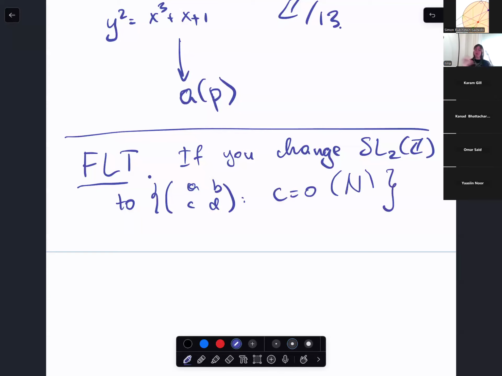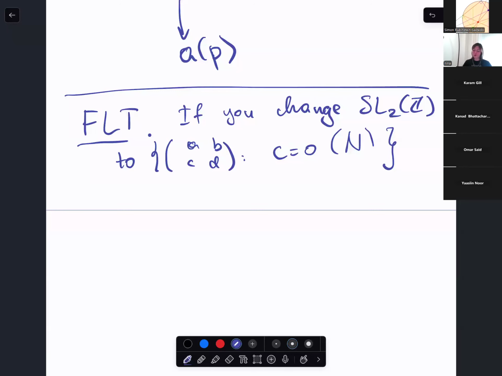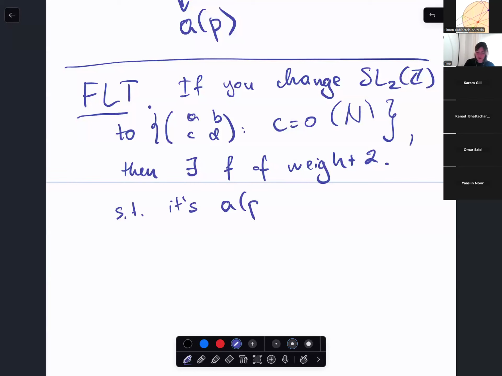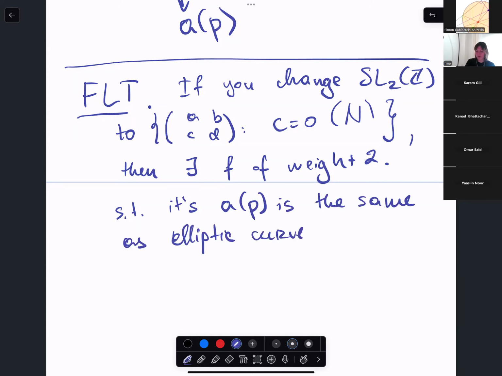So if you consider a larger set of different groups and you do the same thing, you define a modular form in the same way, then there always will exist a form, yes, that's gamma naught of n, of weight 2, such that basically its coefficients that we've been talking about are the same as the elliptic curve a_p.